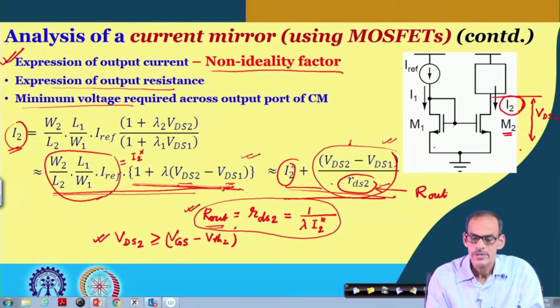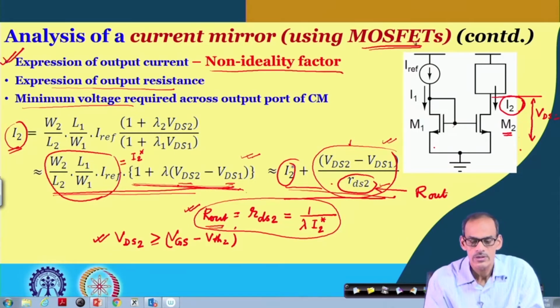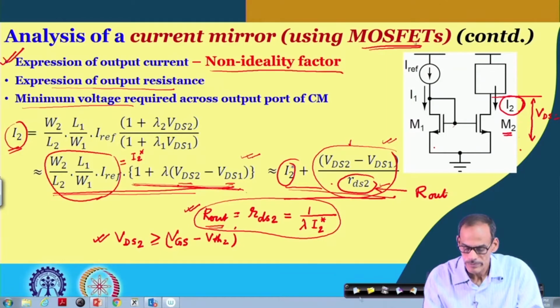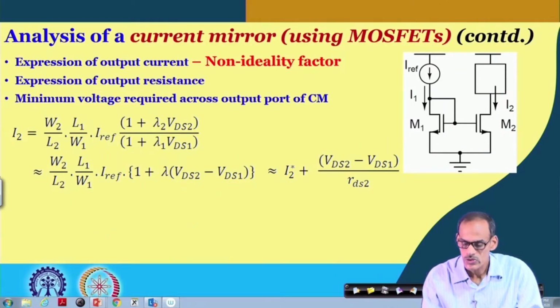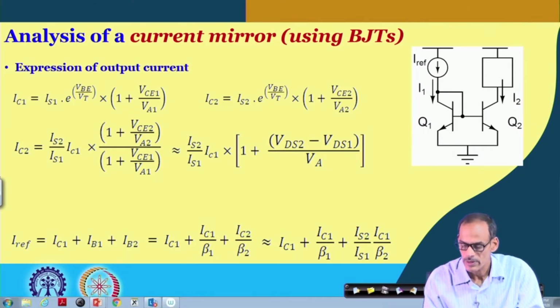Okay. So, similar to the current mirror using MOSFET, let us consider the current mirror using BJT transistors. So, here is the circuit. There also, first we can derive the expression of the output current, namely this current I 2.